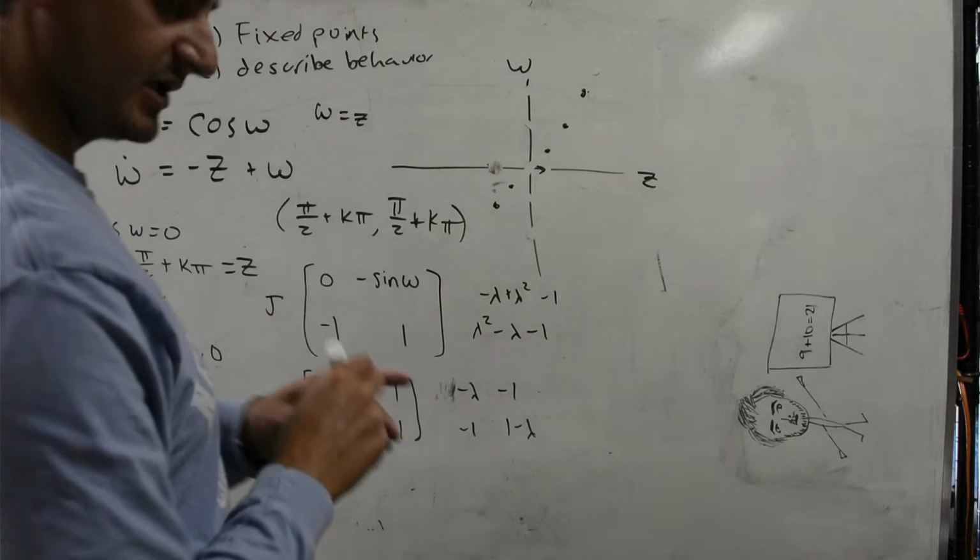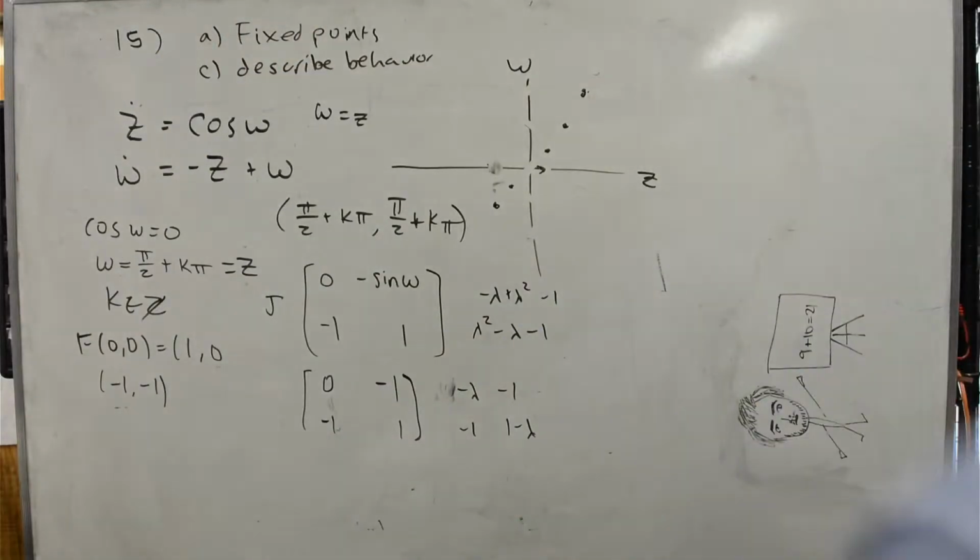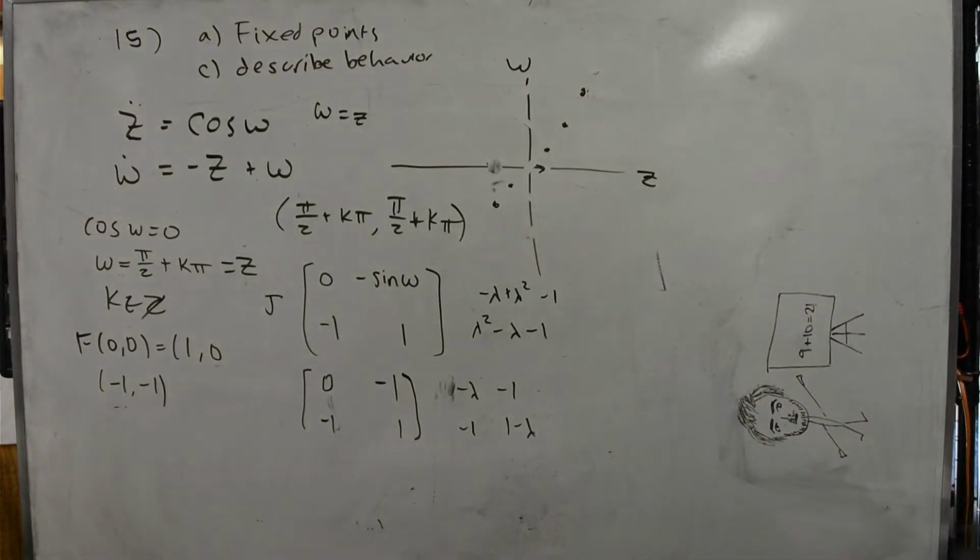I can't get a good picture of this vector field. Honestly, anything with nonlinear stuff in it is hard to understand.